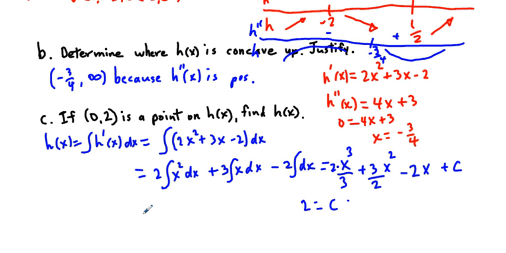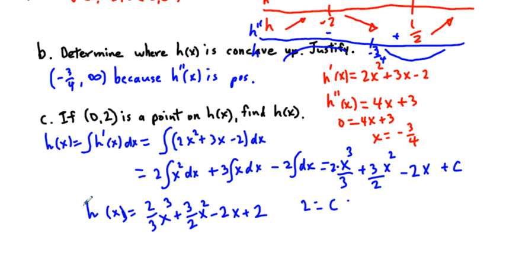So h of x is going to be equal to 2/3 x cubed plus 3/2 x squared minus 2x plus 2. So that will be h of x.